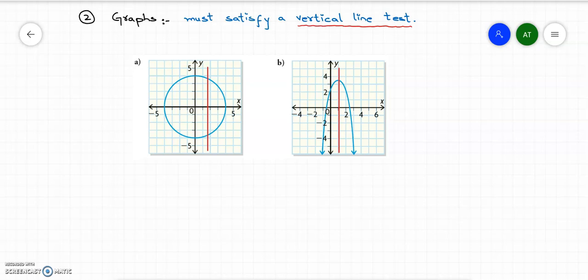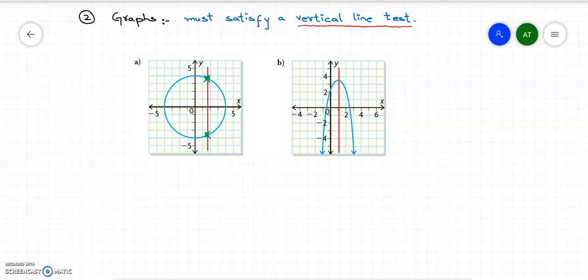In the first graph, it's a circle, and the vertical line cuts the circle at 2 points. This is the first point, and this is the second point. Since the vertical line cuts the graph at 2 points, the vertical line test is not satisfied. So the first relation is not a function.